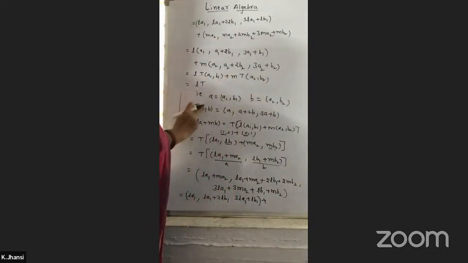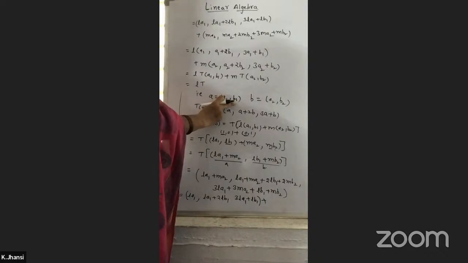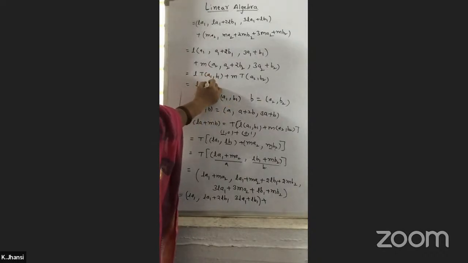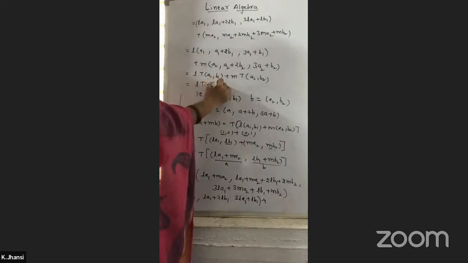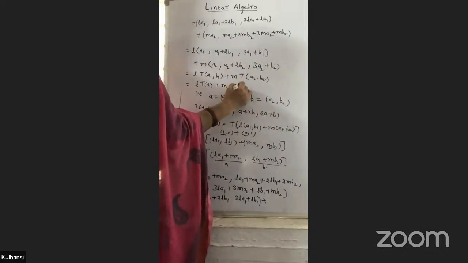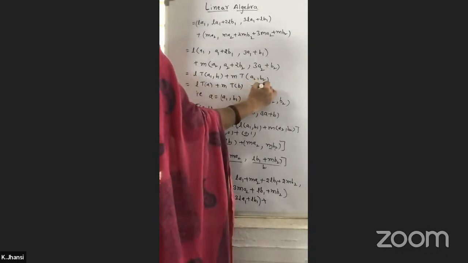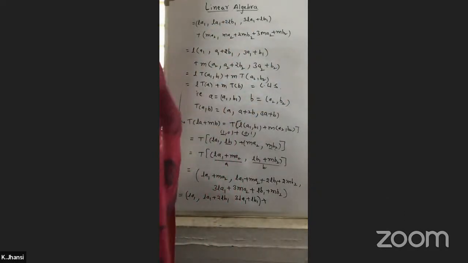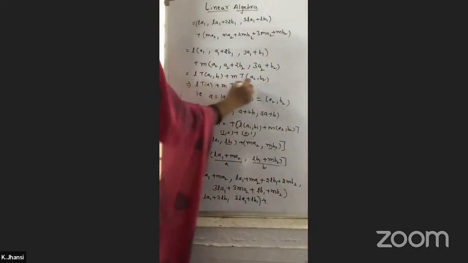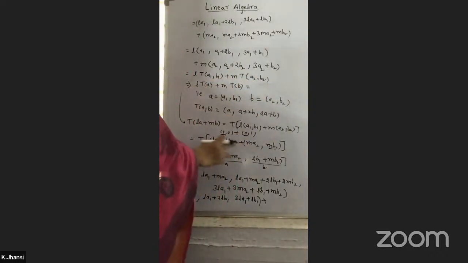Now L into, what is A1 and B1? Starting we have defined A1 and B1 is equals to A. That means this is T of A plus M into T of A2 B2, which is B. So which is equals to whatever starting it is there. So it is equals to what we have.